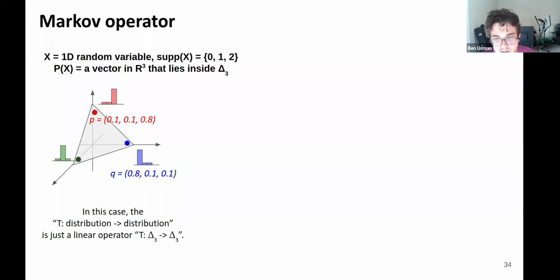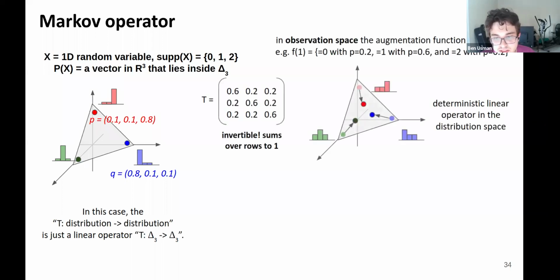So for example, this operator adds a little noise to each observation. This augmentation is inherently random and of course non-invertible in the observation space. But in terms of distributions, or equivalently histograms of probabilities, it's just a matrix multiplication, so it is invertible.